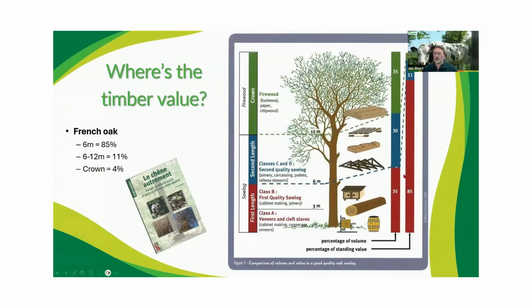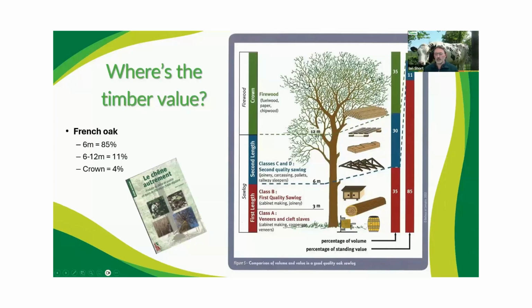So the first bar, the 35%, is the volume that comes from the first 6 meters of stem. This 30% in the blue is coming from 6 meters to 12 meters of stem. And then 35% of the volume comes from the crown, from above the 12 meters. So we're getting almost the same amount of volume coming from 6 meters, 12 meters, and then the rest of the crown. But when we look at the monetary value of those volumes, it's a completely different story.